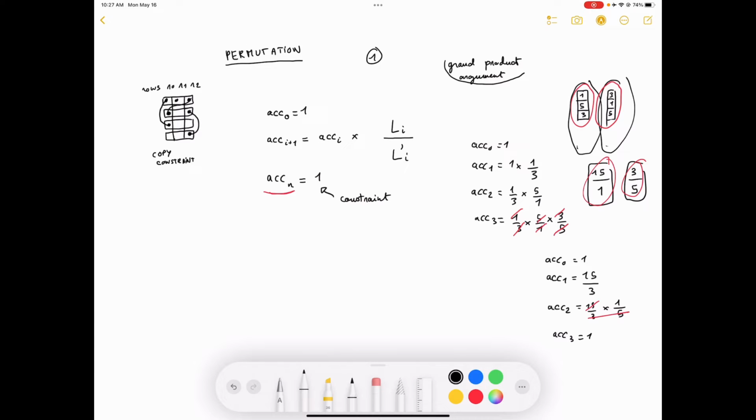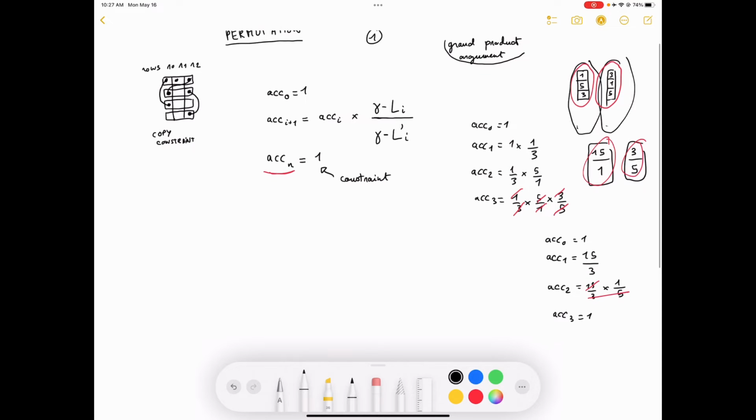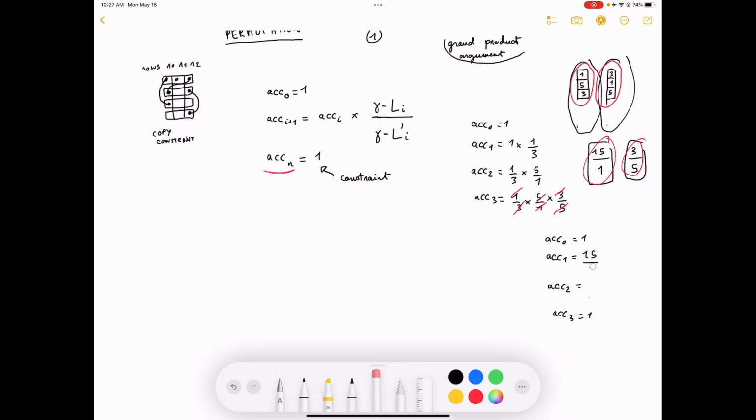So basically, you're gonna modify this equation, and you're gonna put a gamma here, and basically now this wouldn't work because this would be gamma minus 15, gamma minus 1, and here gamma minus 3, gamma minus, oh, what am I doing?